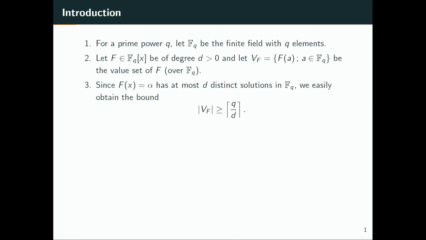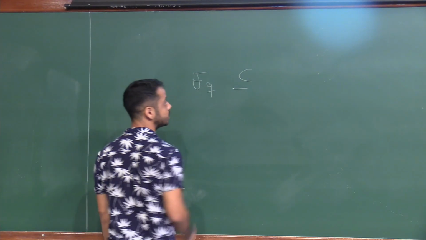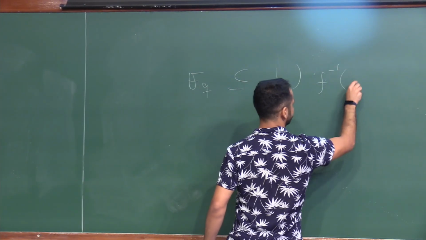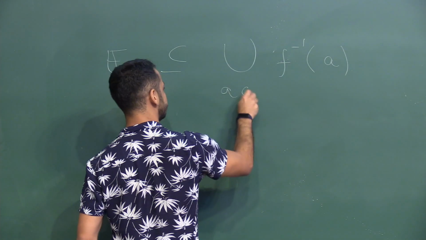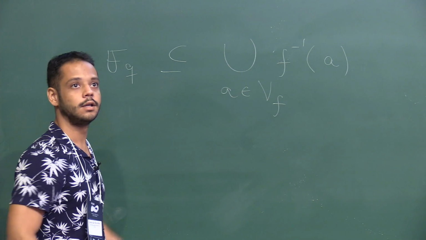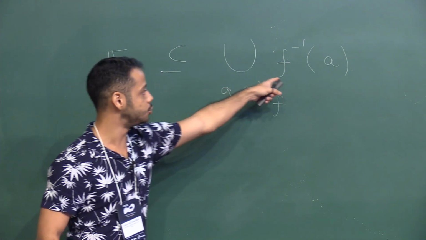So I will just briefly explain the proof. It's quite simple. We observe that F_q is contained in the union of the pre-image of each element contained in the value set, right? So if it's not in the value set, this is empty, so we consider only the non-trivial sets.